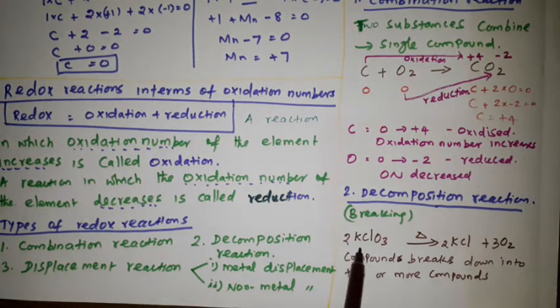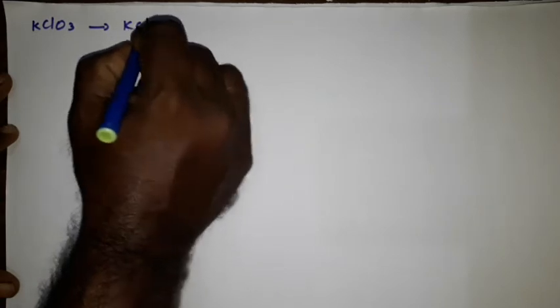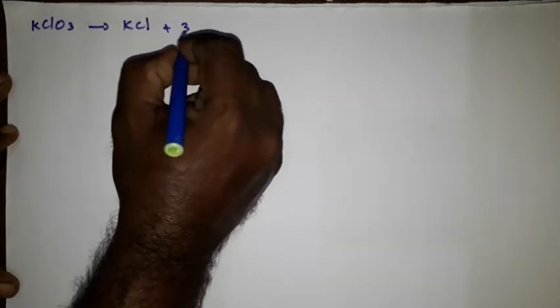Now assign oxidation numbers for this potassium chlorate and also for the products. Then check which is reduced and which is oxidized. Now calculate the oxidation number for chlorine. Potassium chlorate, KClO3, gives KCl plus 3O2.